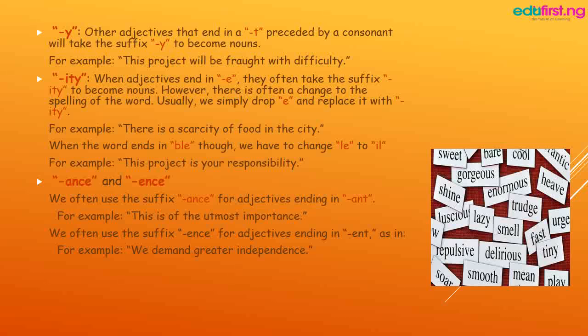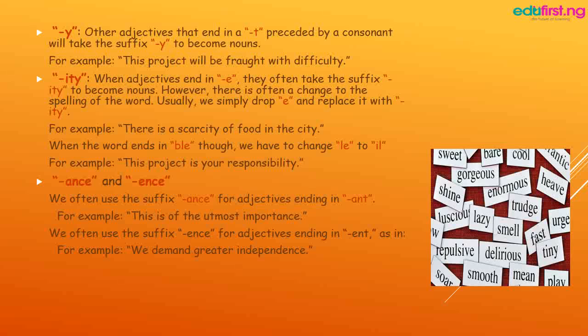The adjective scarce becomes the noun scarcity. When the word ends in -ble, though, we have to change the -le to -il. Let's look at this example. This project is your responsibility. The adjective responsible becomes the noun responsibility.